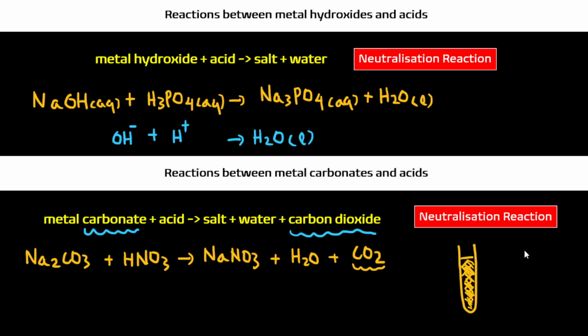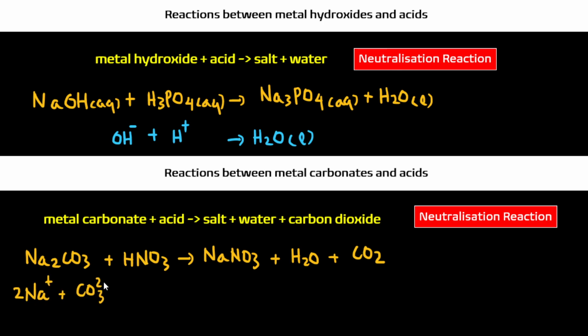Okay, so let's try to write down our net ionic equation here as well. Sodium carbonate can be broken down into 2Na plus and CO3 2 minus. And remember that if I'm not writing down any states, it's because they are aqueous. Okay, so HNO3 would be H plus plus NO3 minus. Sodium nitrate would be Na plus plus NO3 minus.